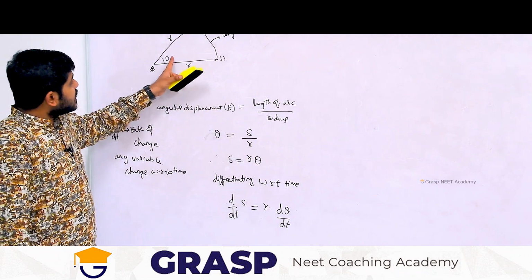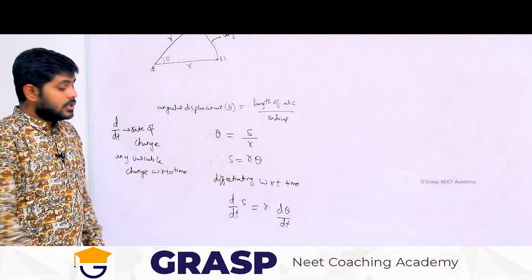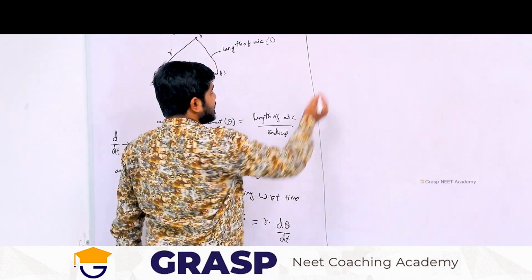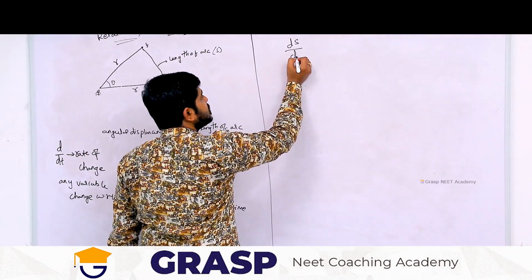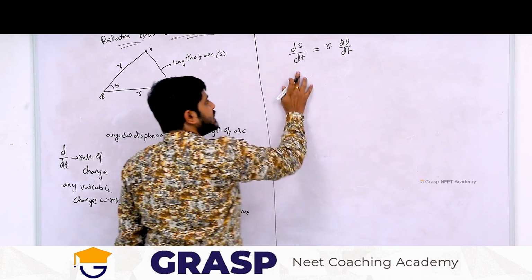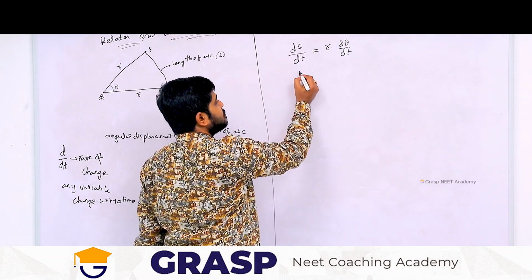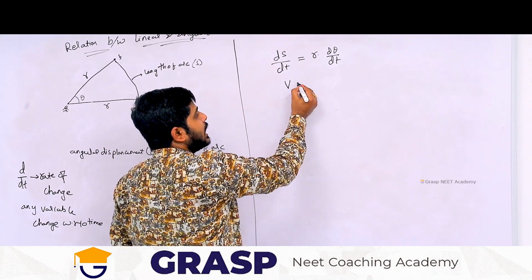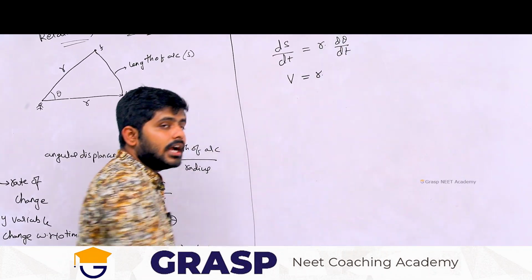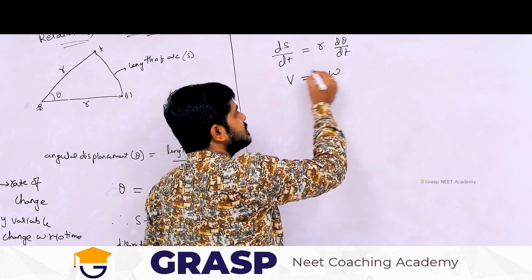In the same way, theta is varying, so we differentiated theta with respect to time. So the rate of change of displacement, ds by dt, is equal to r into d theta by dt. Here ds by dt, which is nothing but the rate of change of displacement, we write as velocity, and it is equal to r times the rate of change of angular displacement, which we write as omega.